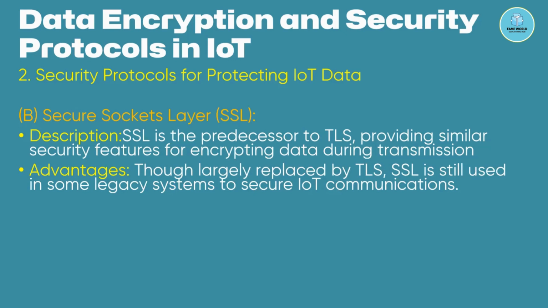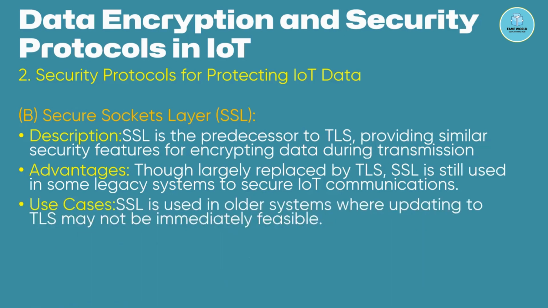SSL is still used in some legacy systems to secure IoT communications. For example, SSL is used in older systems where TLS may not be immediately feasible. So in small projects, even SSL we are using. Actually SSL is used when we get web services, at that time on the website we definitely use SSL.